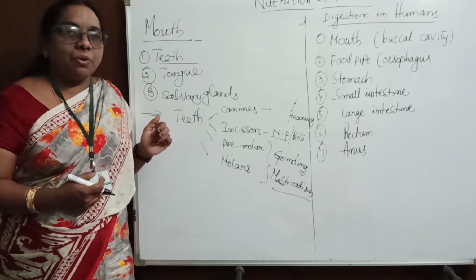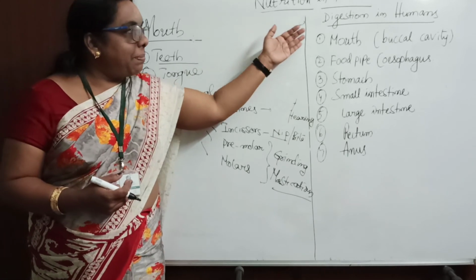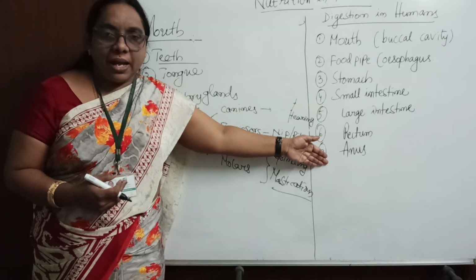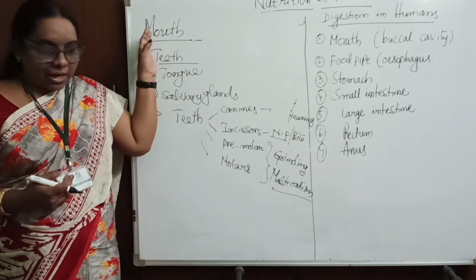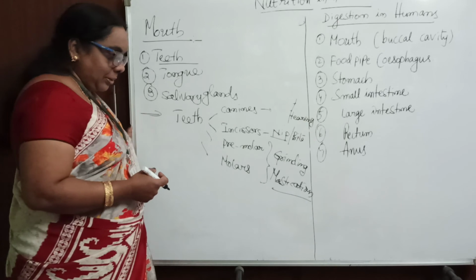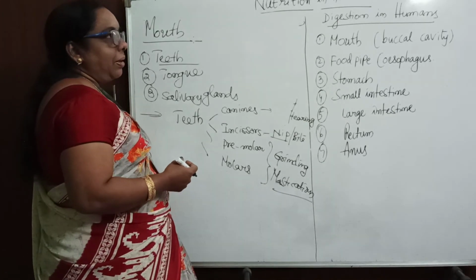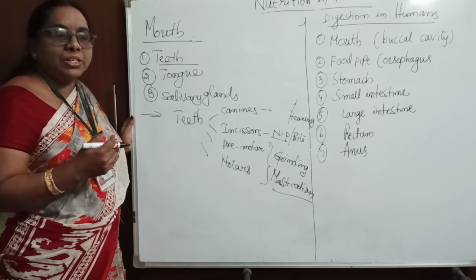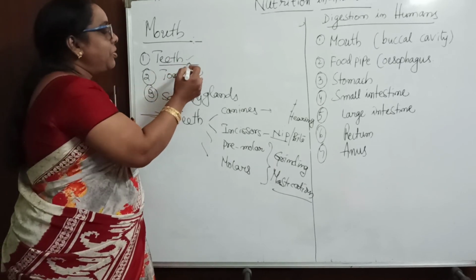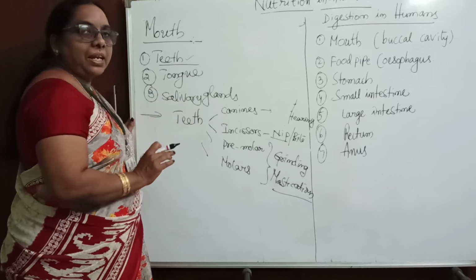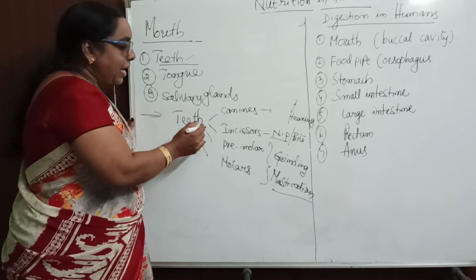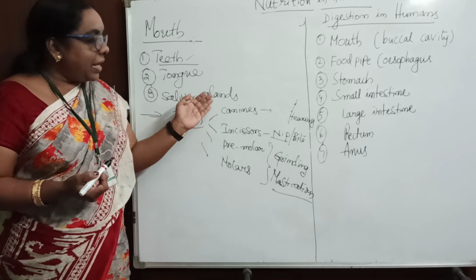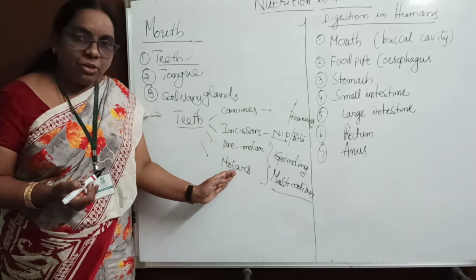The parts involved in digestion are the mouth, food pipe, stomach, small intestine, large intestine, rectum, and anus. First comes the mouth, situated between the upper and lower jaw, and we have to study teeth, tongue, and salivary glands. The different types of teeth present in the mouth are canines, incisors, premolars, and molars.